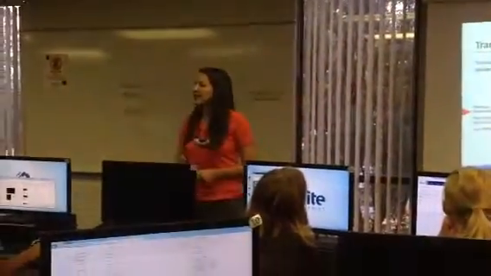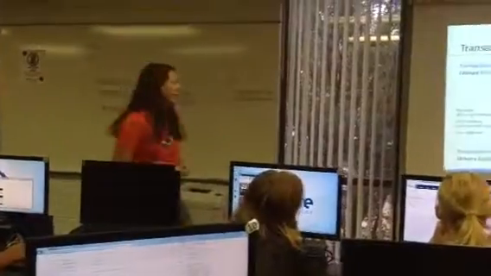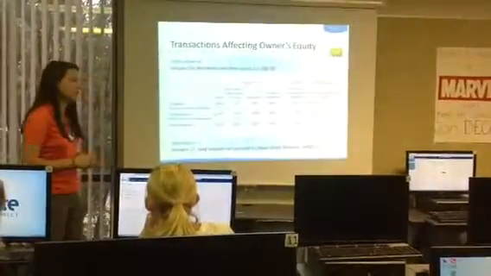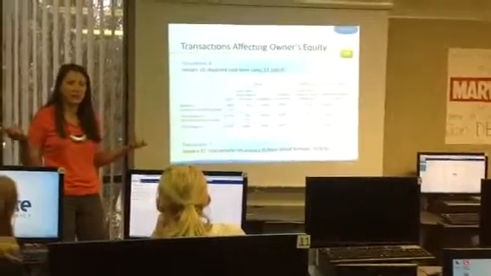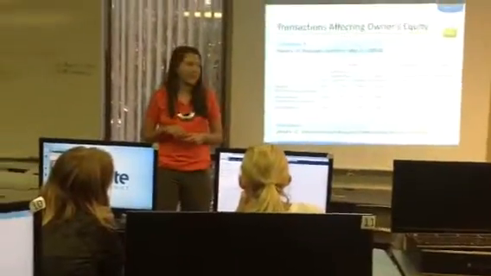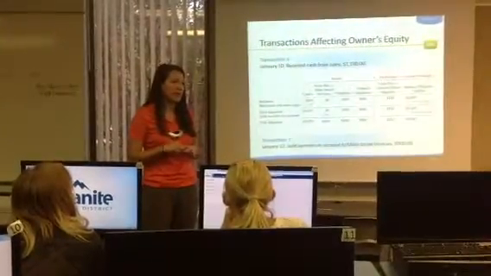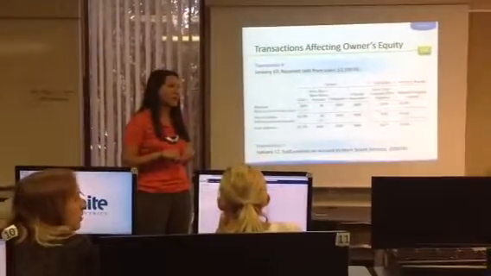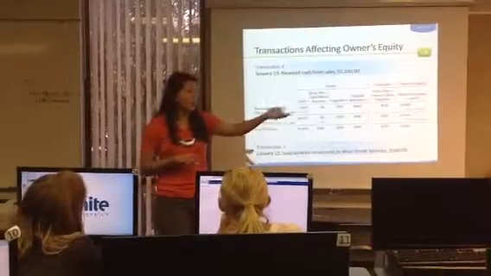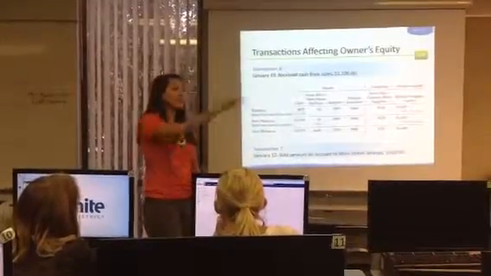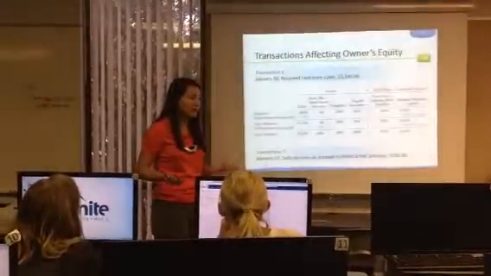The next thing that's going to happen is we are going to sell services on account. What's happening essentially? They paid with a card, or basically they said, hey, put it on my account, bill me.